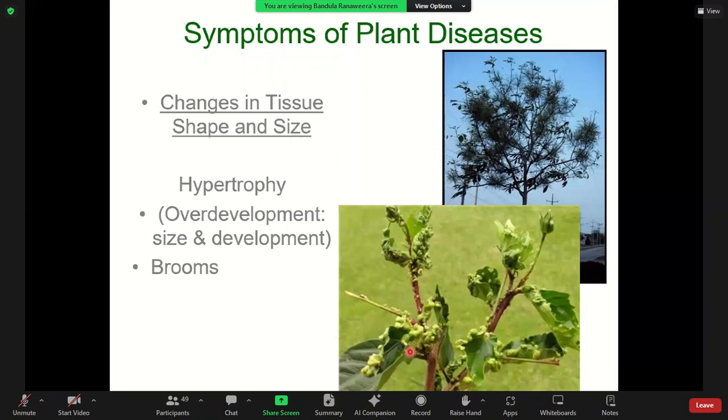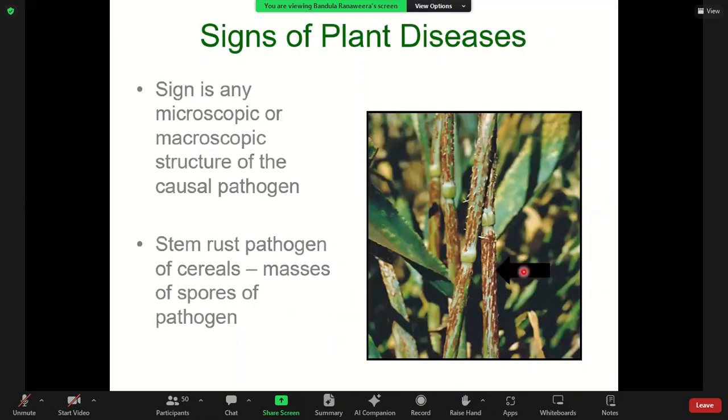Shape and size of the leaves, abnormal growth, overdevelopment, oversize or inferior sizes, broom-like appearance is there. Now, all these are changes in the plants. In addition to these symptoms of the disease, sometimes we are observing the structures of the pathogen appearing on the plant.